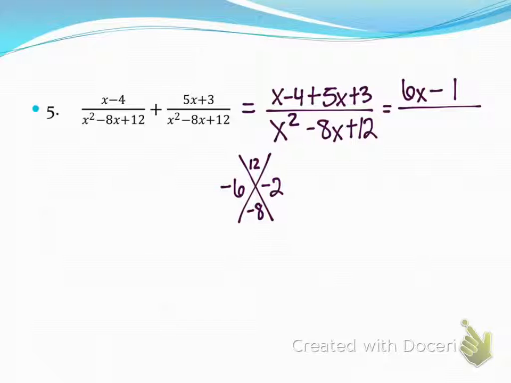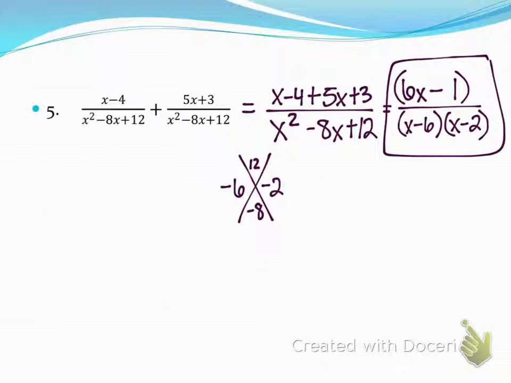We use that to factor our denominator into what two binomials? Good. X minus 6, x minus 2. Will the numerator factor? No, so we can just put our parentheses around it. Will anything cancel out? No. So that is our final answer.